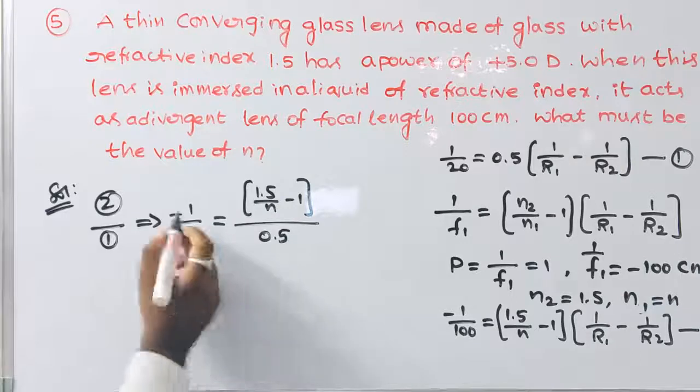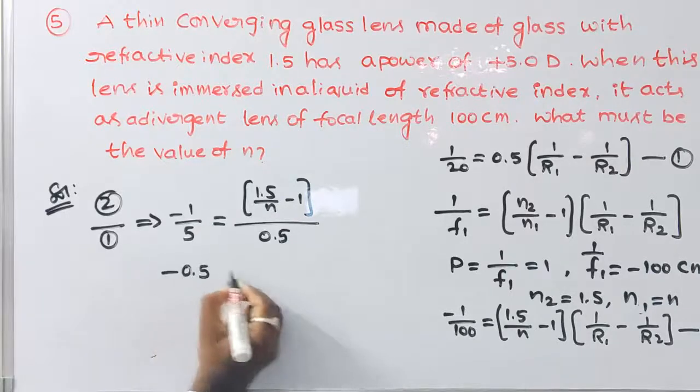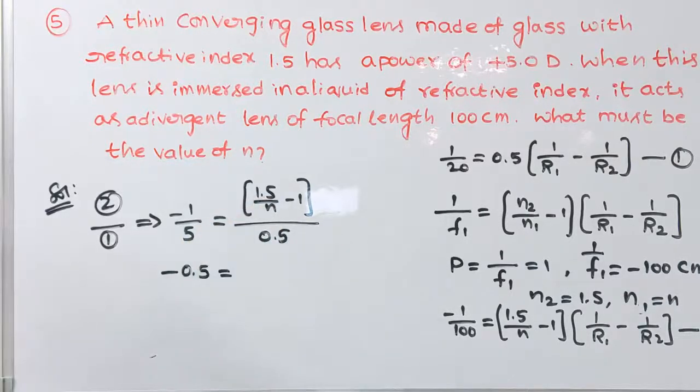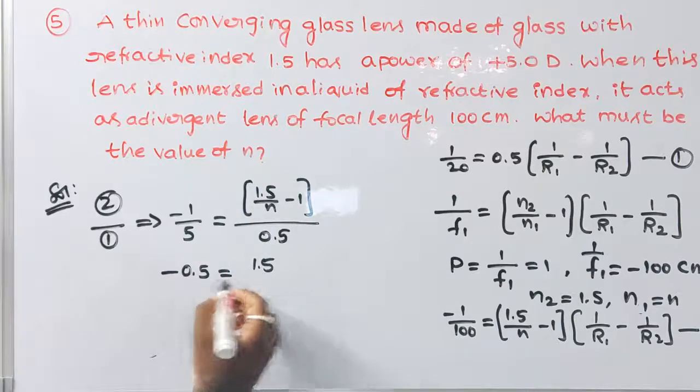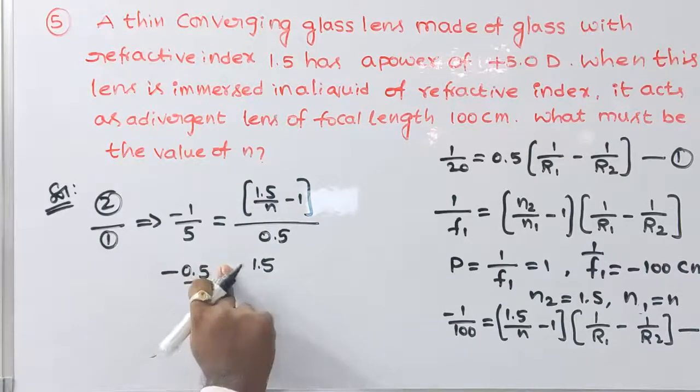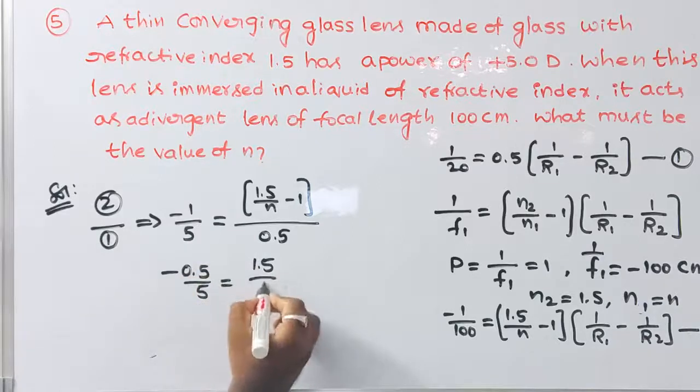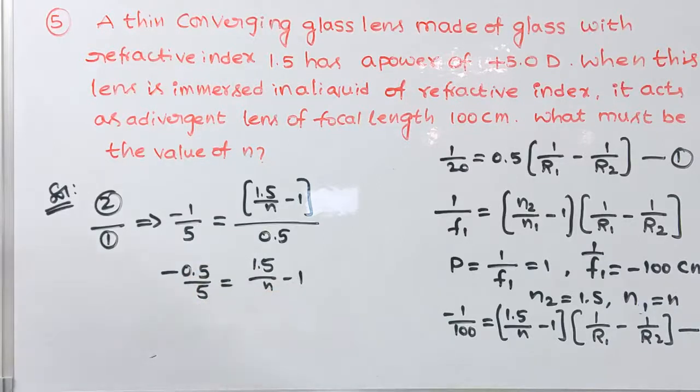Okay, cross multiplication: minus 0.5 is equal to 1.5/n minus 1.